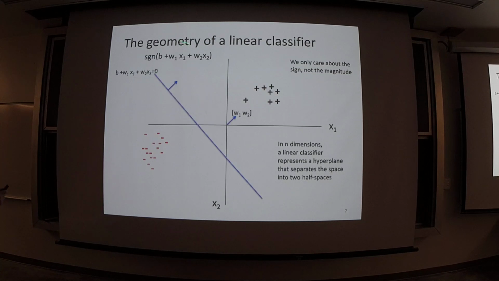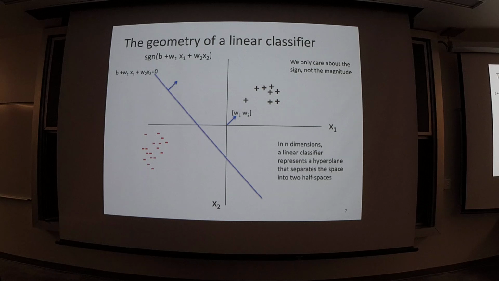So for linear classifiers, we also have a very nice looking geometry view, right? Our classification function determines a boundary. The boundary separates all the positive examples from negative examples. The boundary is described by the equality that the linear classification function be 0, right?